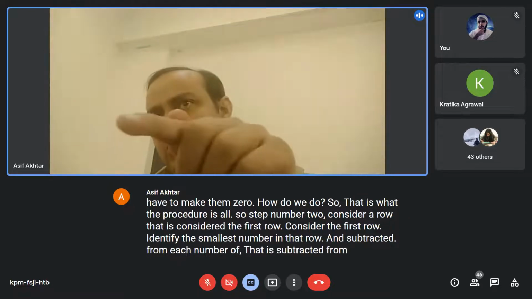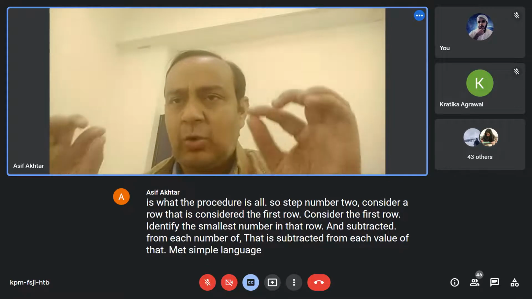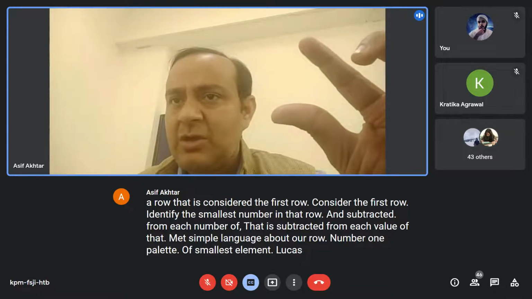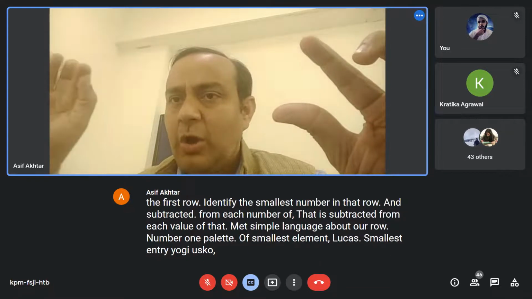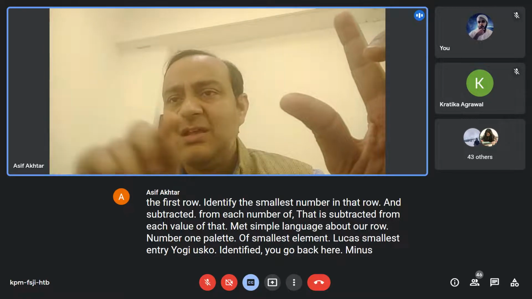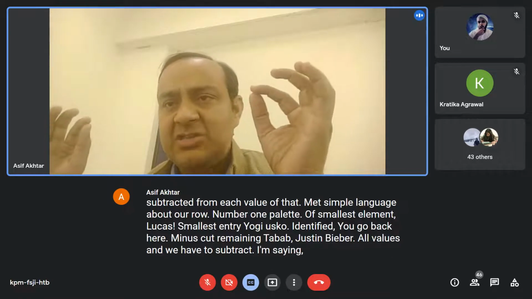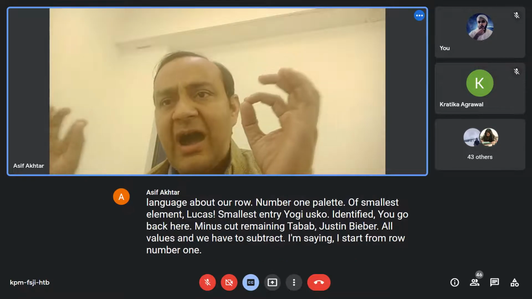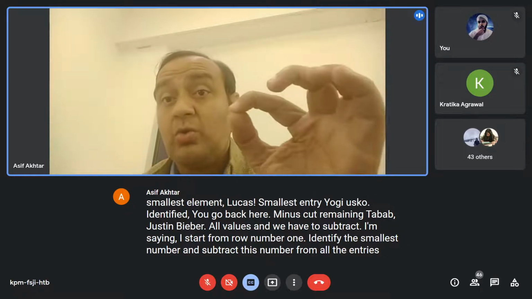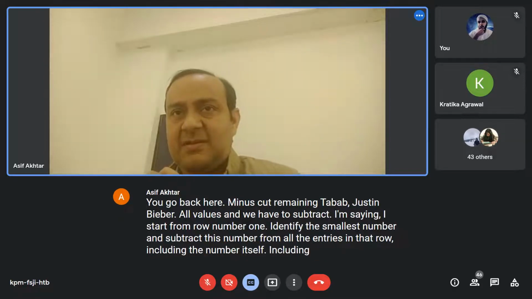I am saying in simple language: take row number 1 first, identify the smallest entry in it, and subtract that value from all the remaining values. I start from row number 1, identify the smallest number and subtract it from all the entries in that row, including the number itself.